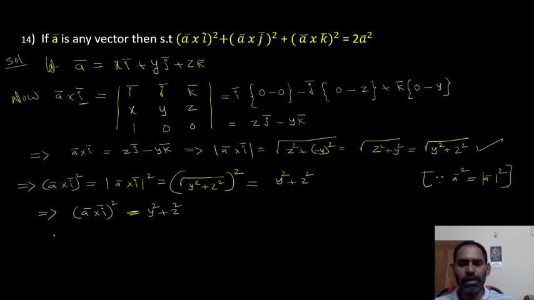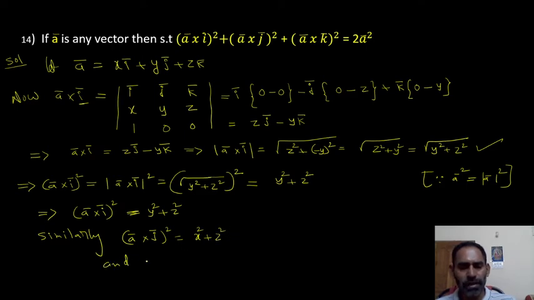Similarly, we can find the remaining two. A bar cross J bar whole square equals, here without x. In the case of I bar, we got it in terms of y, z. In the case of j bar, we will get x and z, x square plus z square. And a bar cross k bar whole square equals, without z, x square plus y square. Now take LHS. What is LHS?